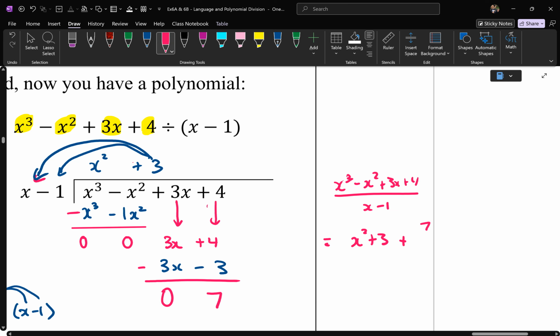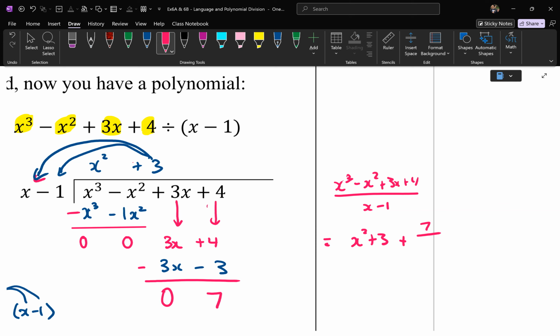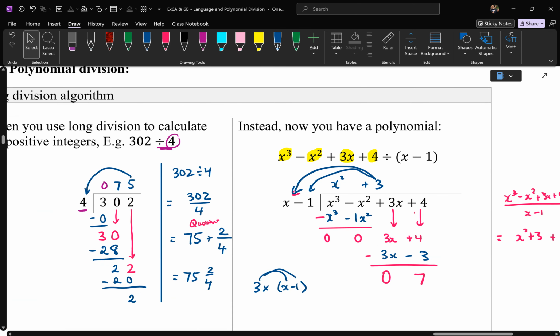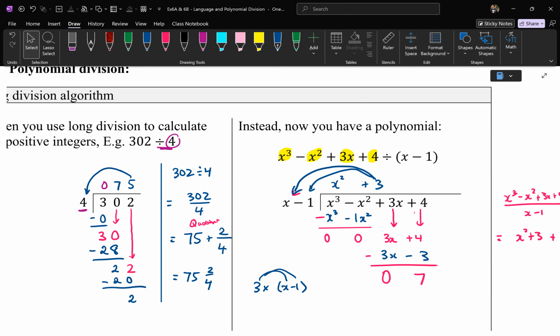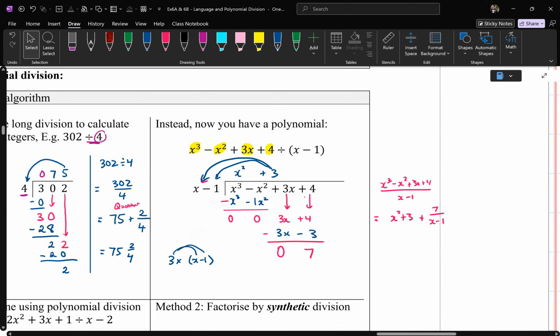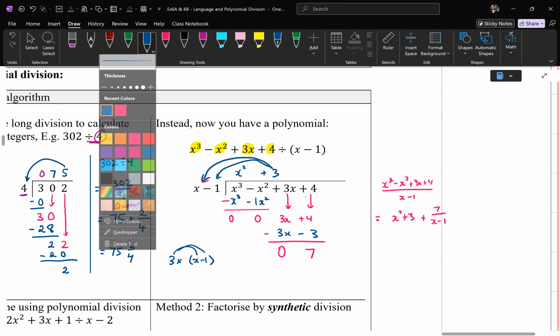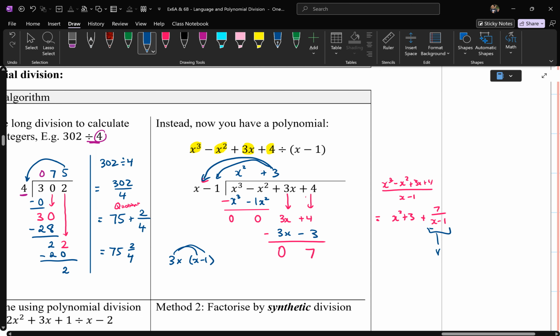It's 7 over x minus 1. Just like you did over here, you were dividing by 4, so it's all in terms of fractions of 4, so quarters. That's why your remainder was 2 out of 4. Then here it is 7 out of x minus 1. This is your remainder. This is your quotient.